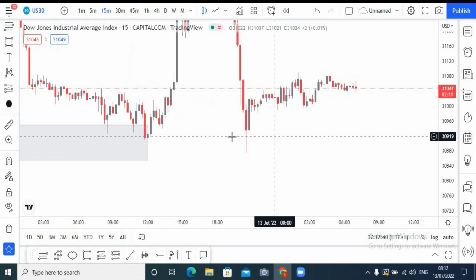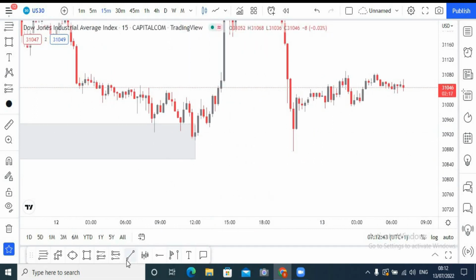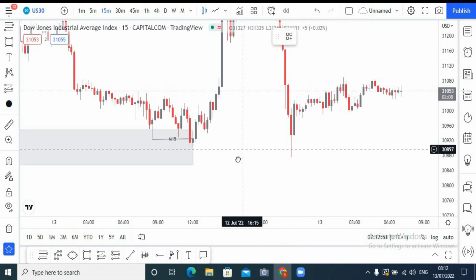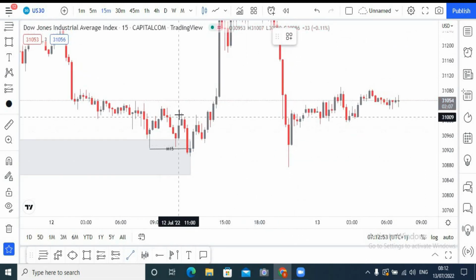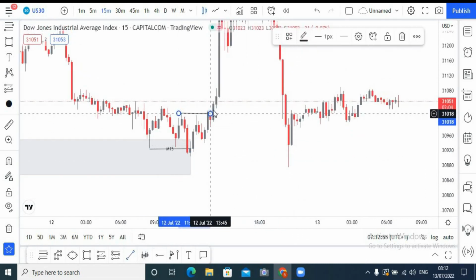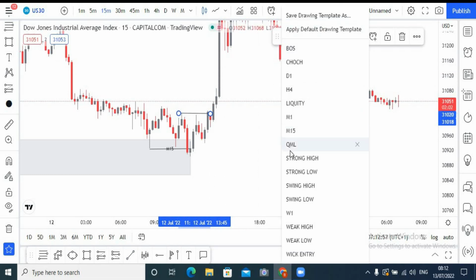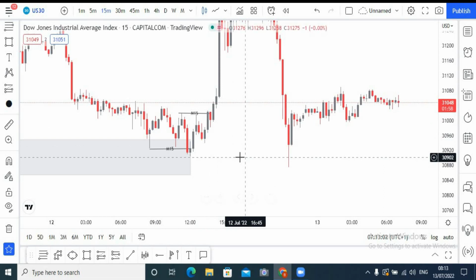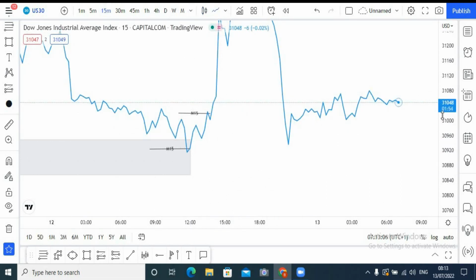So this is what price has given us now. When we saw that, we had a break of structure right here after price coming back to the order block. We also saw that we did have the swing high being taken out, and the entry was here. Why? Because if you use a line chart, it's something like this.